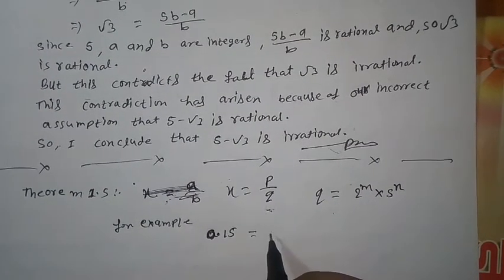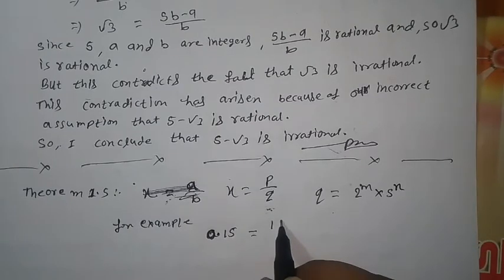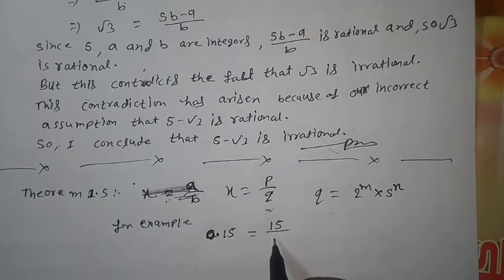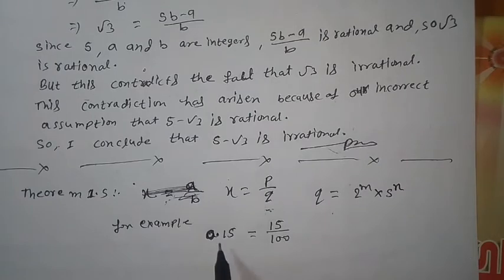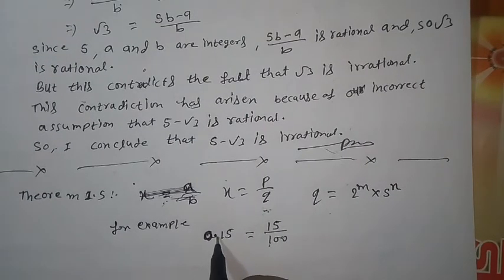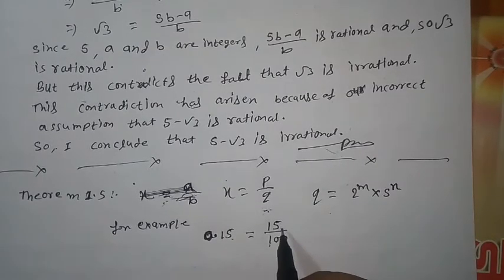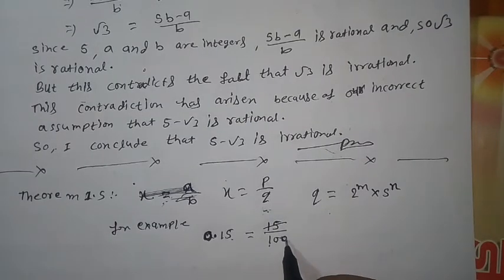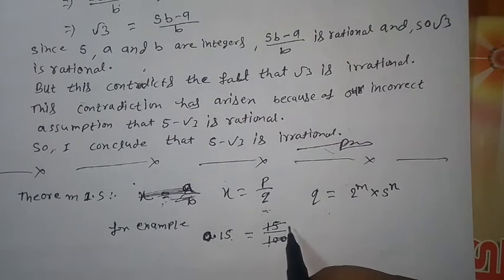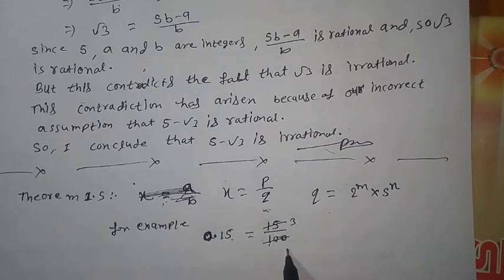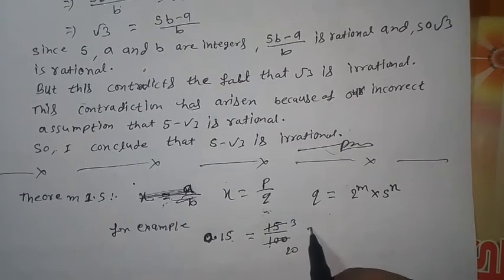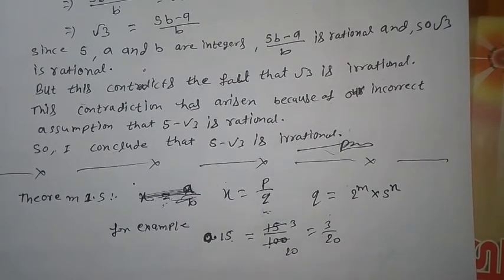Then I write this in the form of p by q, and I get 15 by 100. Why 100? Because after the point there are 2 digits. Now getting the simplest form, 5 times 3 is 15 and 5 times 20 is 100, which is equal to 3 by 20.